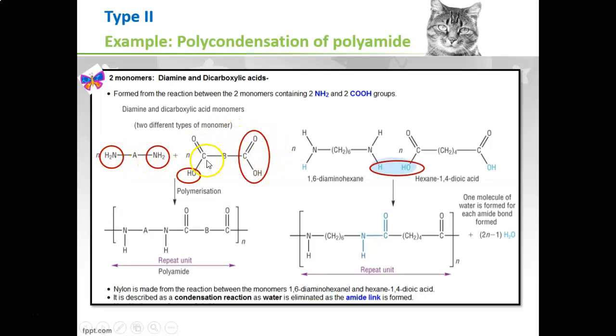In compound B, they have two functional groups of the same type. So we can see that in 1,6-diaminohexane, they have NH2 and NH2 here. In hexanedioic acid, COOH here and COOH.